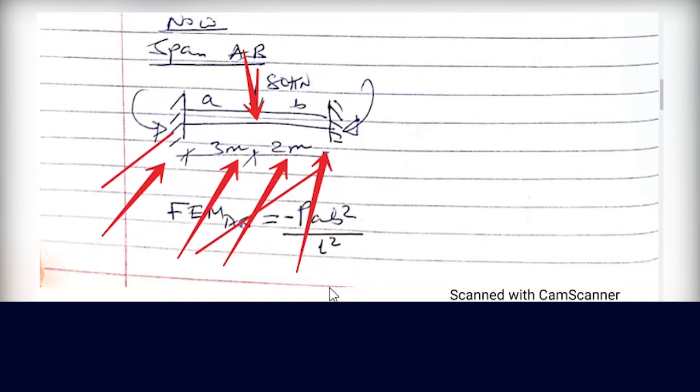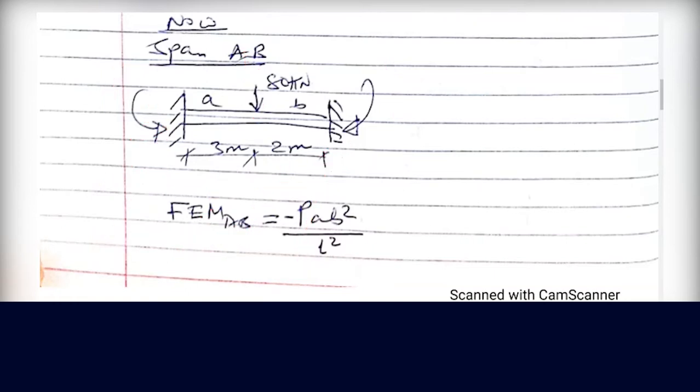So as you take the moment, which is going this way, and the left one which is going this way, now the fixed end moment should be calculated.